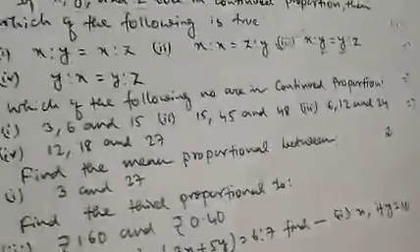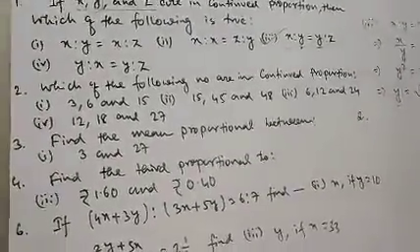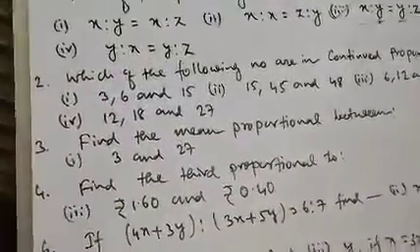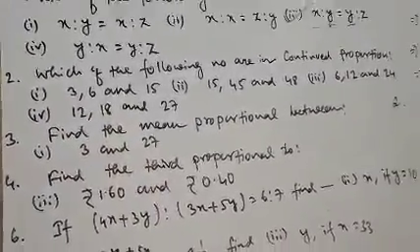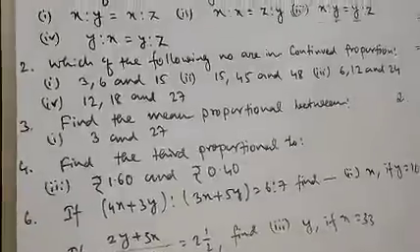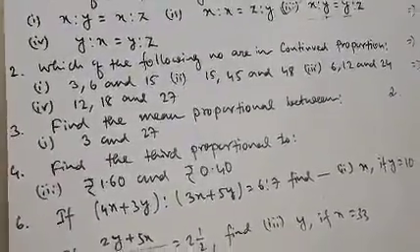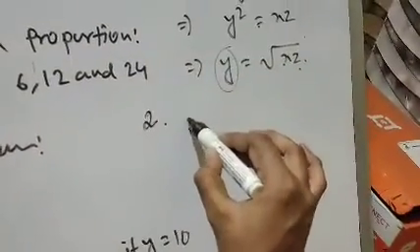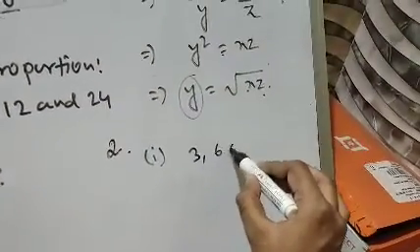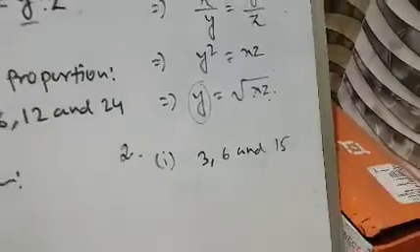Question number 2 says, which of the following numbers are in continued proportion? So we have four options and we have to find out which of them are in continued proportion. So let's start from option 1: 3, 6 and 15.